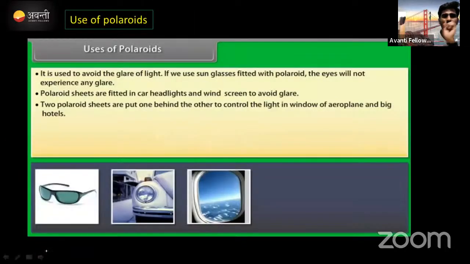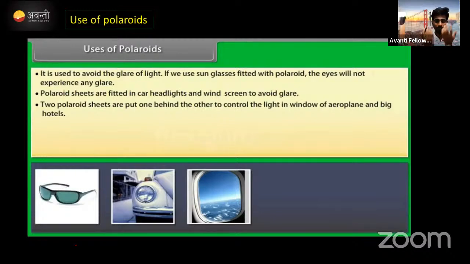Up to now, we discussed polarizers and polarization of light. ये polarizers क्या होता है? Actually, the devices which convert unpolarized light to polarized light are called polarizers. Where are we using these polarizers?